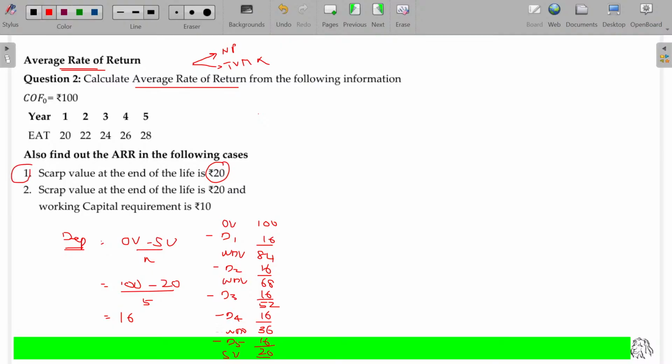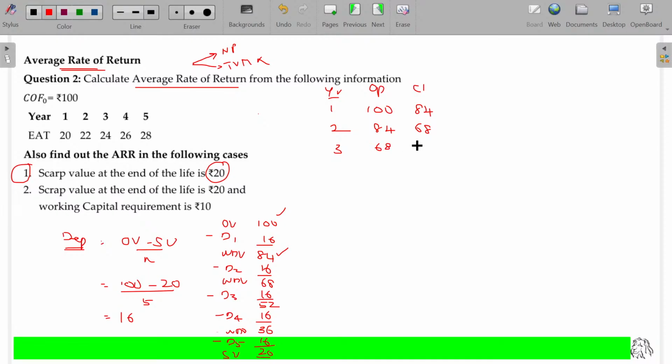In case of the first year, at the year beginning, you have 100 rupees as your asset. Year end, you have 84 as asset. This is the opening value in year 1. This is the closing value of your asset in your balance sheet by the year end. Second year, you started with 84, ended with 68. Third year, the net assets in your balance sheet being 68.